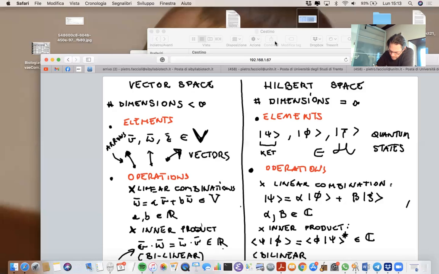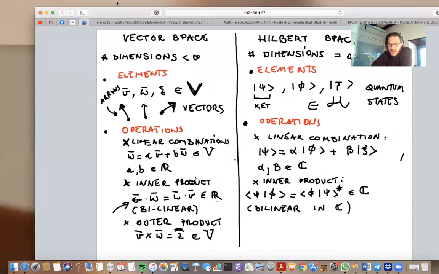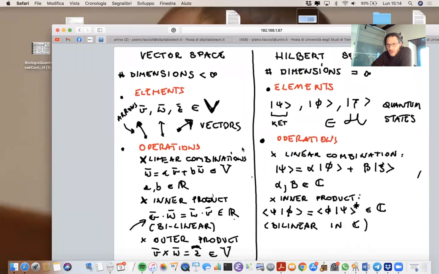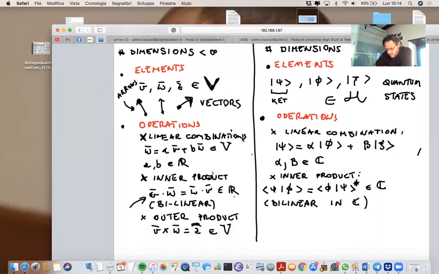But of course, in the complex field, meaning that I consider linear combinations with complex coefficients.